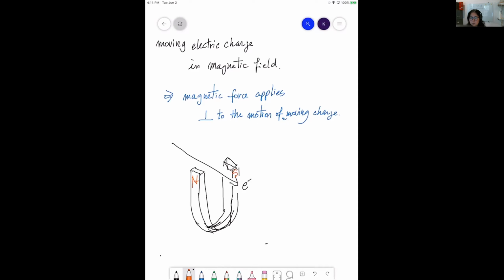Then I'm going to use the right-hand rule. In this case, the electric charge is negative. These are electrons.